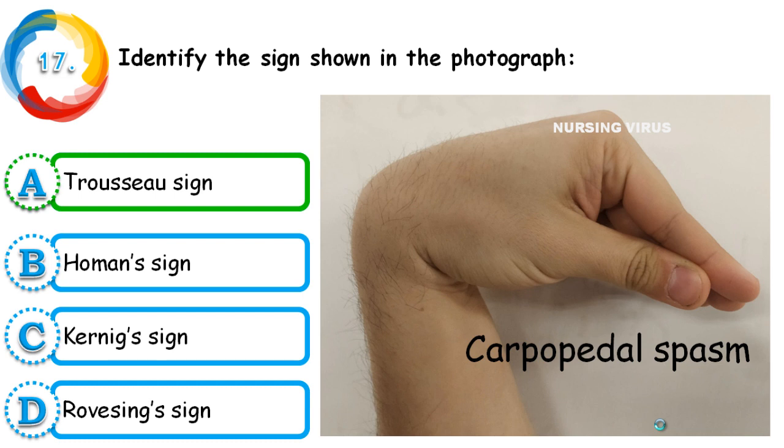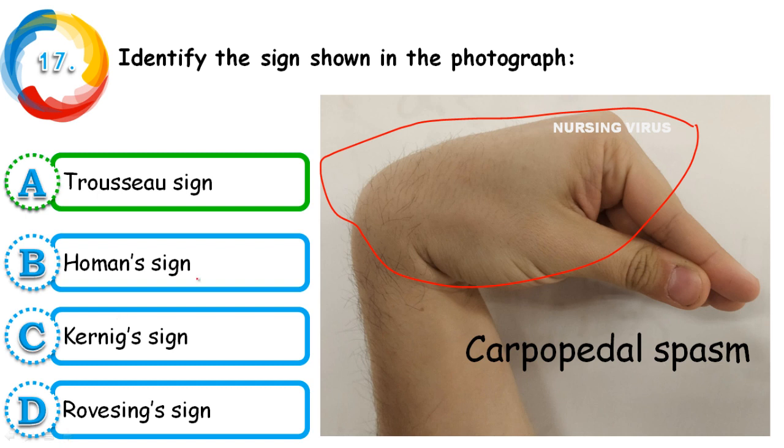This Trousseau sign, or carpopedal spasm, is the main sign of latent tetany. This is the medical sign observed in a patient with a low level of calcium. From 1 to 4% of normal patients will test positive for the Trousseau sign for latent tetany. Mainly here you can see the carpopedal spasm in the given image.